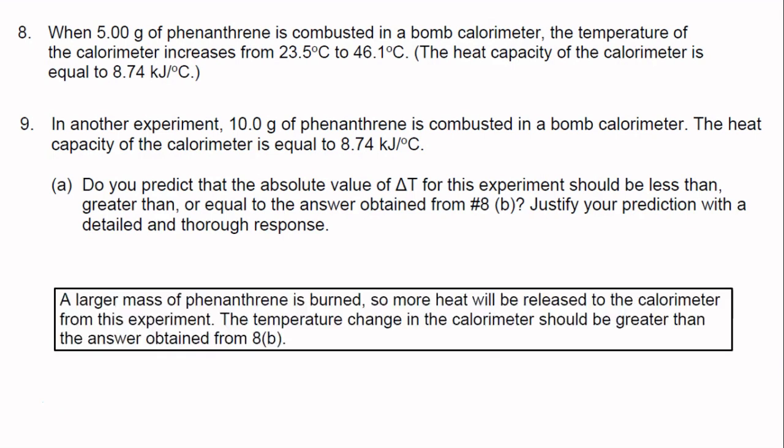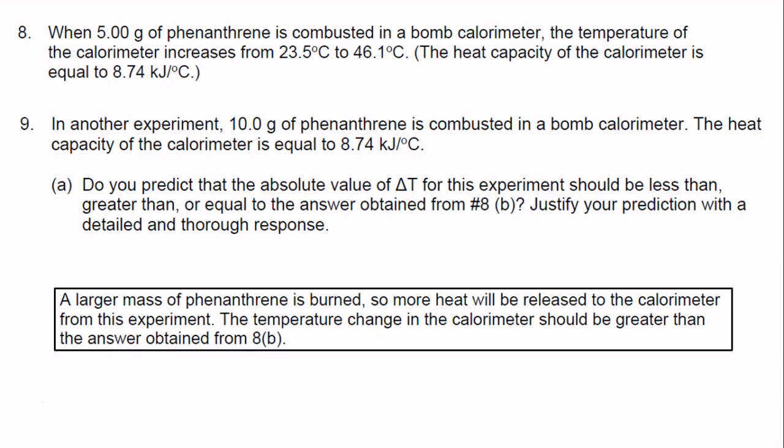Well, if you're burning twice as much fuel, in this case 10 grams, more heat will be released. Therefore, the temperature change in the calorimeter should be twice as much. It should be greater.